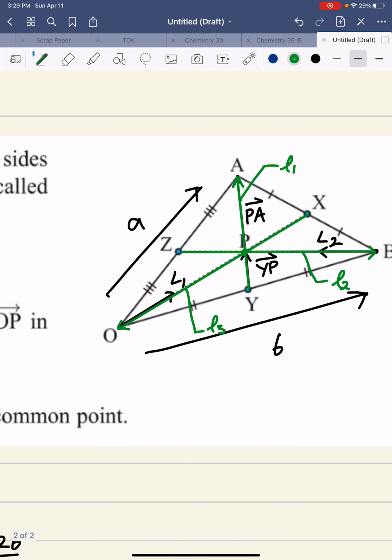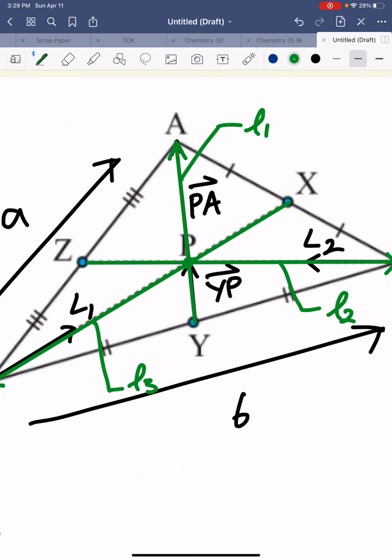So here's the thing. Line 1, the position vector is OY, and that's just b over 2. And the direction can just be YP.